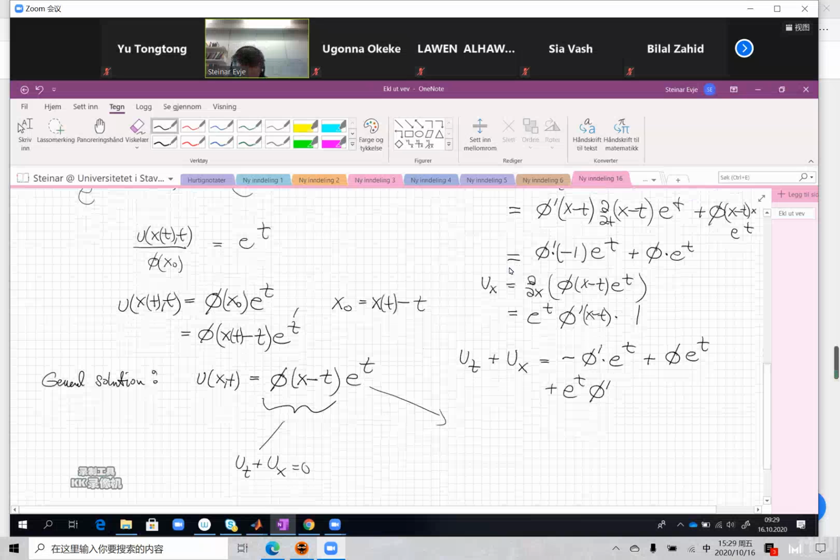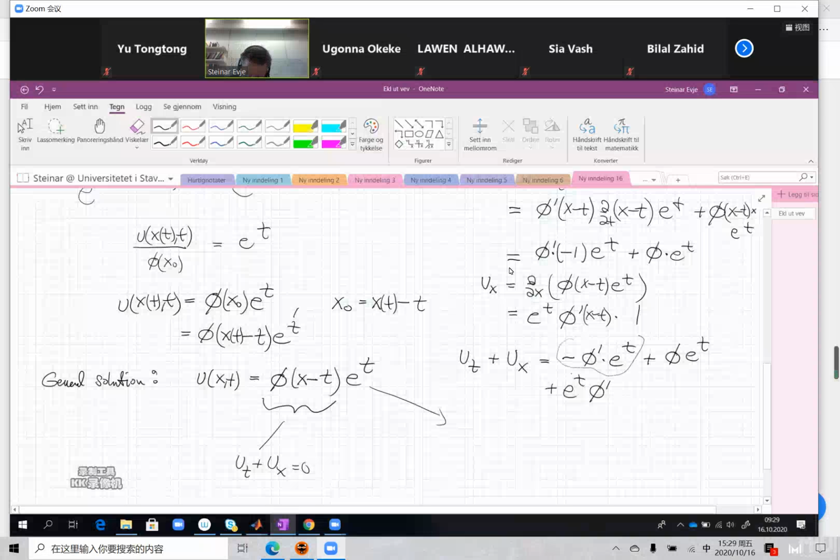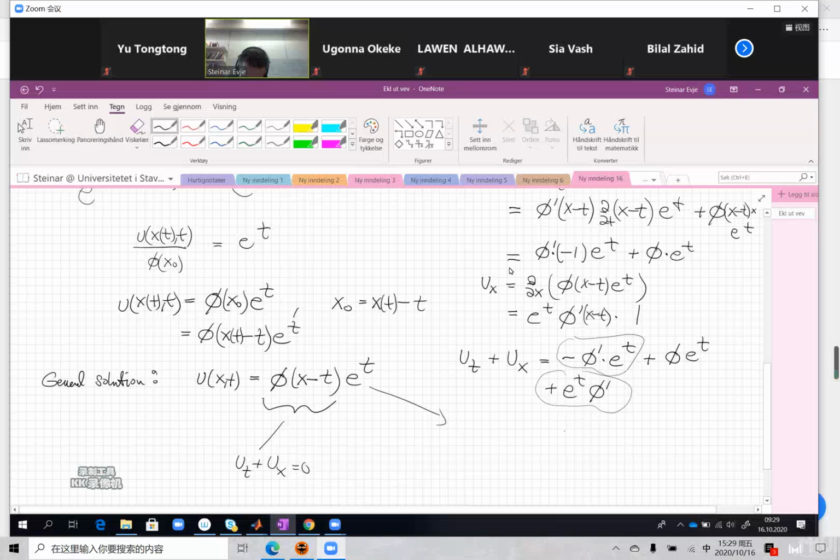And again, we see that this term will cancel with this. And what is left then is phi, and remember that the argument is x minus t, times e^t.